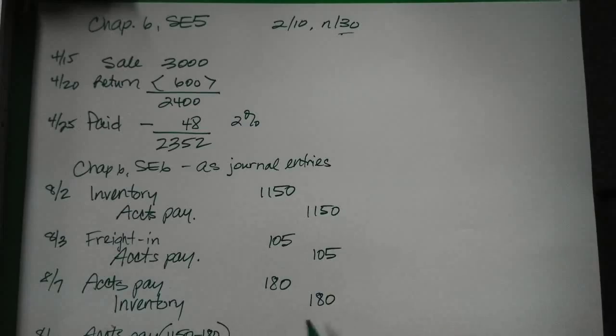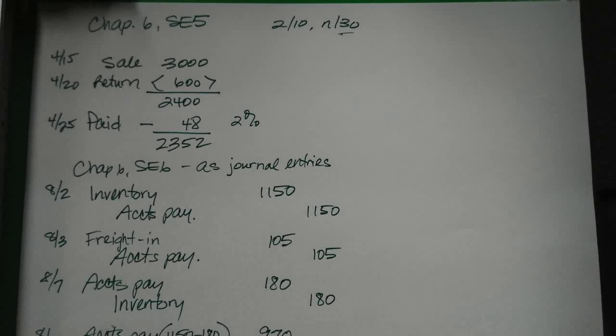Okay, so let's see here if I can do the math on the fly in front of everybody. Does that look right? Yeah, $11.50 minus $150 would be $1,000, so it's 30 less.